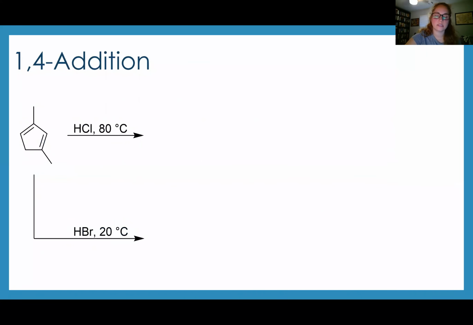Okay, so let's take a look at these problems. The top one is adding a halogen acid with heat, and the bottom one is adding a halogen acid at lower temperatures. What is that distinguishing? What does the temperature tell us?